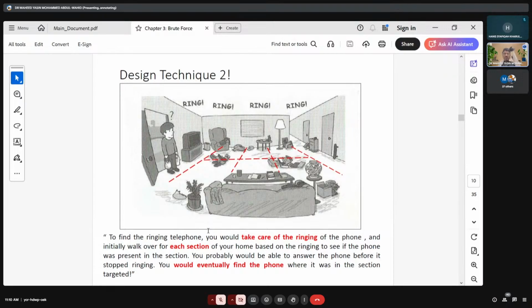You would eventually find the phone in the section targeted. So here, I take care of the ringing of the phone and initially walk over each section. I make sections of the home, then I search in each section.